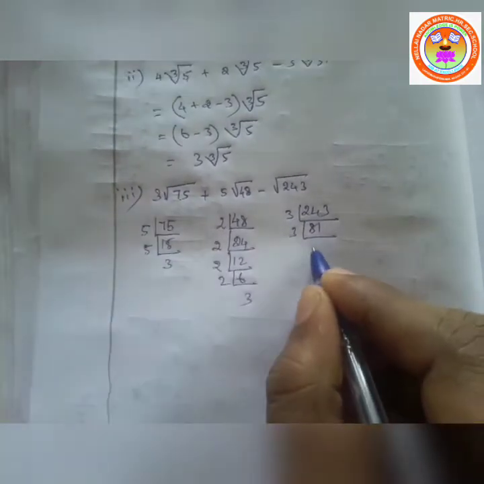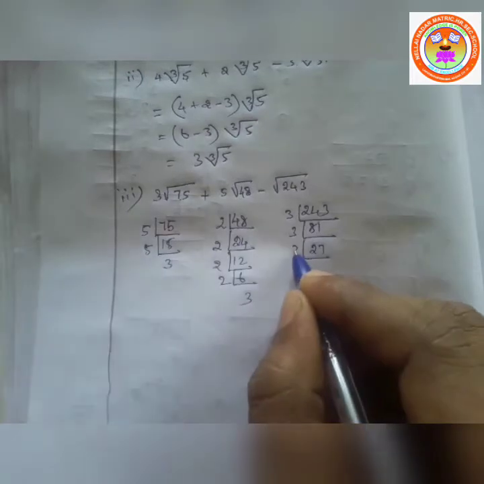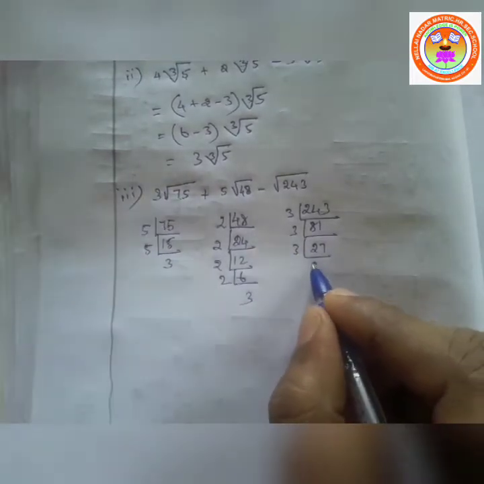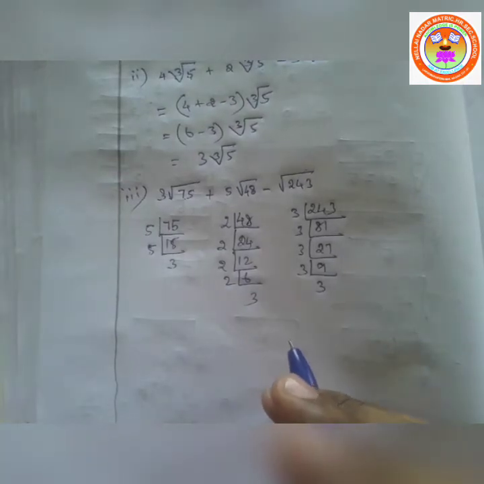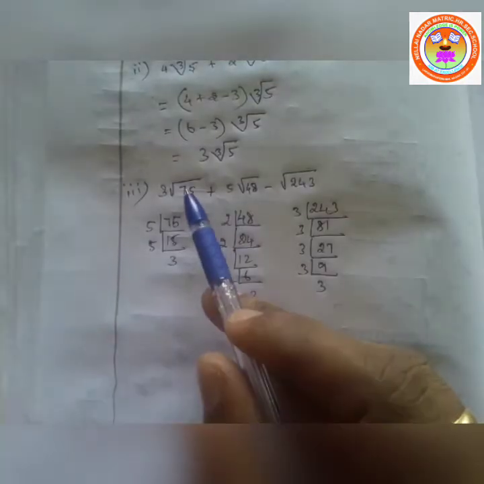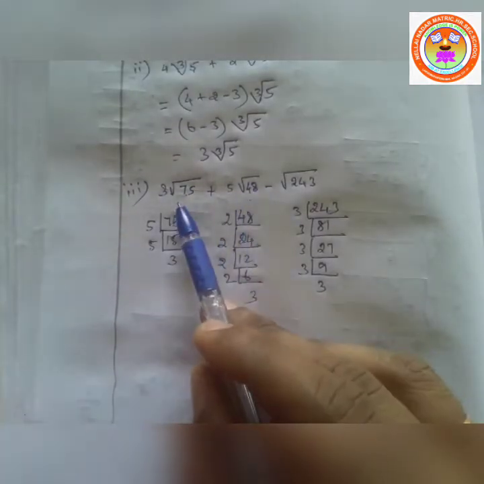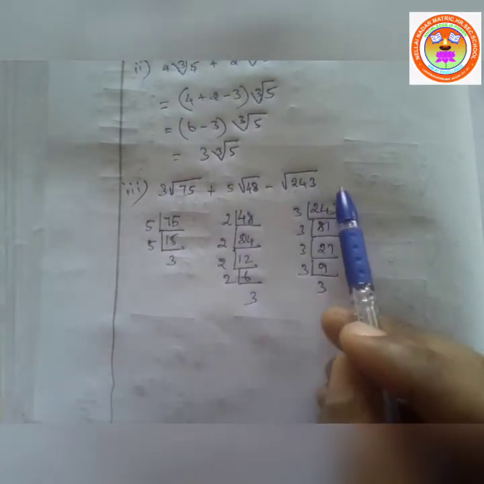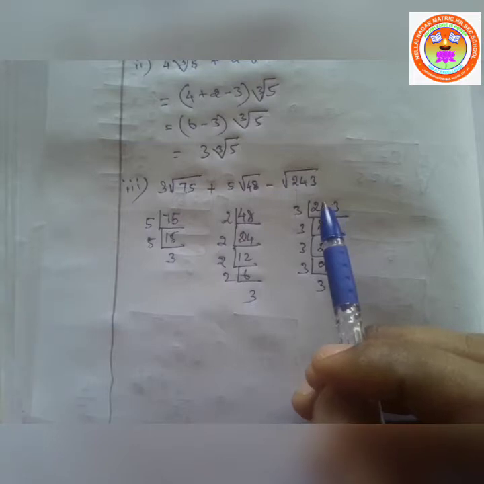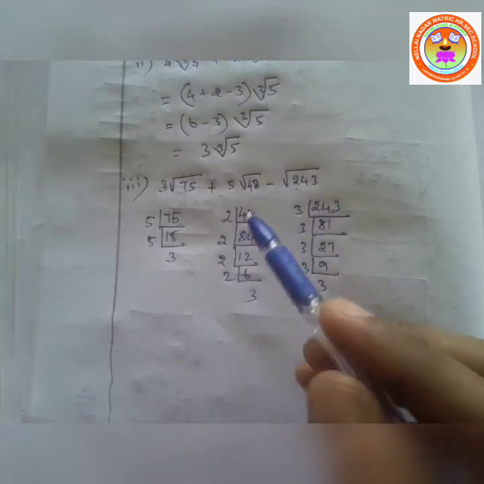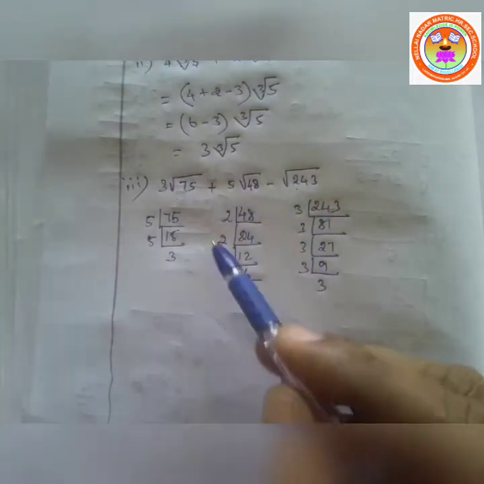Again 3 tables, 27, again 3 tables, 9, again 3 tables, 3. So just think over the numbers. If the numbers are bigger like this, 75, 48, 243, you have to take the prime factorization method to find this one.